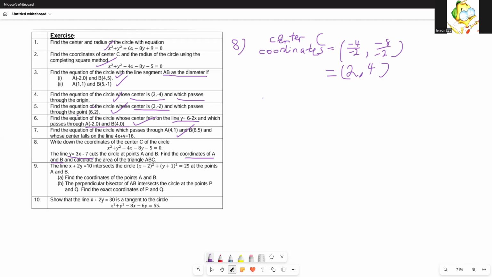If not, you can complete the squares or do whatever you need to form the equation of the circle. We will do that. So firstly, let me go for the equation of the circle. So that will be, of course, (x minus 2) squared, all right, and that will be plus (y minus 4) squared.